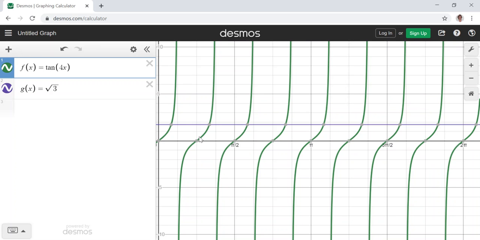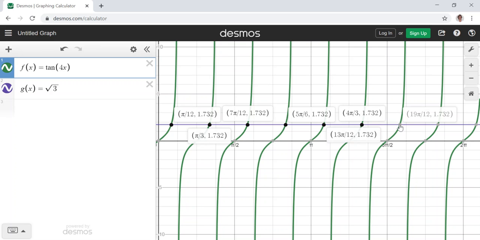Now when I click on each of these, there's pi over 12, pi over 3, 7 pi over 12, 5 pi over 6, 13 pi over 12, 4 pi over 3, 19 pi over 12, and 11 pi over 6. So there are all of our solutions to the equation.